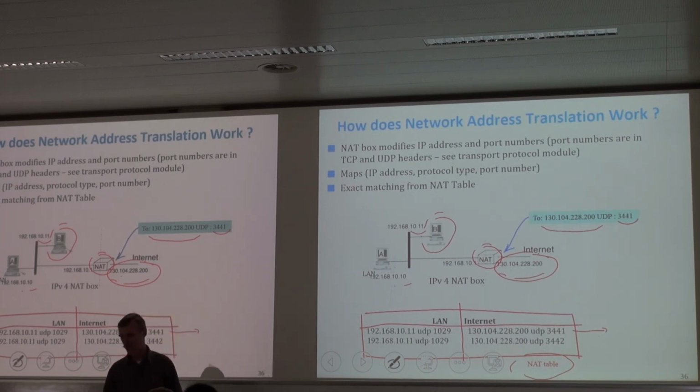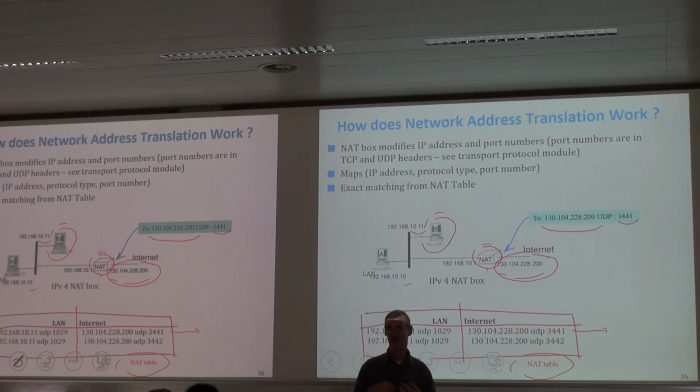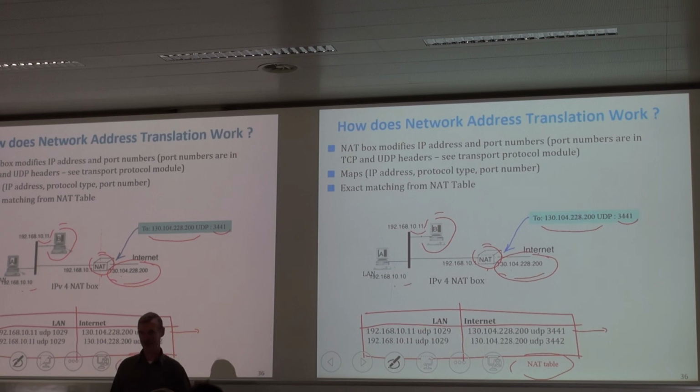Then what the NAT will do, it will receive this. Now the NAT doesn't know to whom it is, because the destination address is itself. Normally, a well-behaved machine, when it receives an IP packet to itself, it consumes the IP packet, right? But here the consumption will cause a forwarding. So it's a special case of forwarding. It will go to the table and do an exact match, as opposed to longest prefix match.